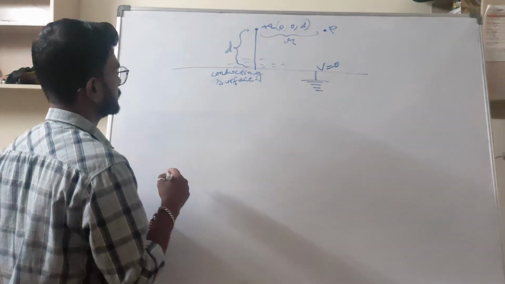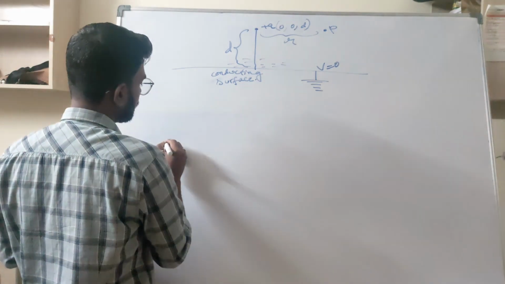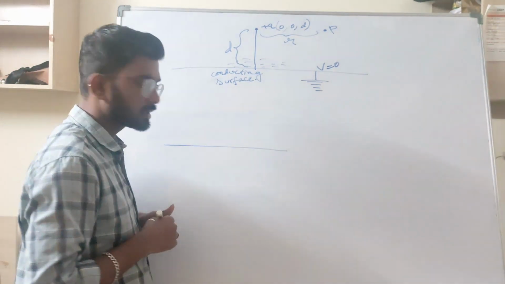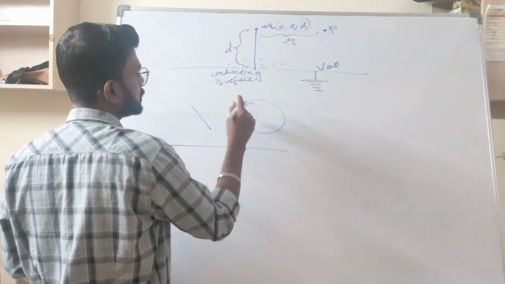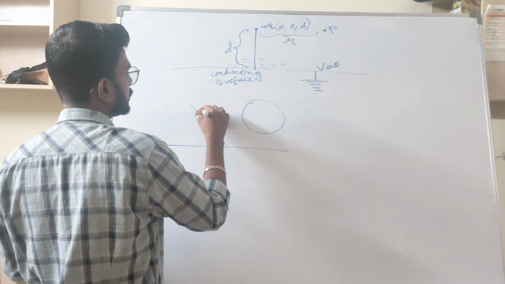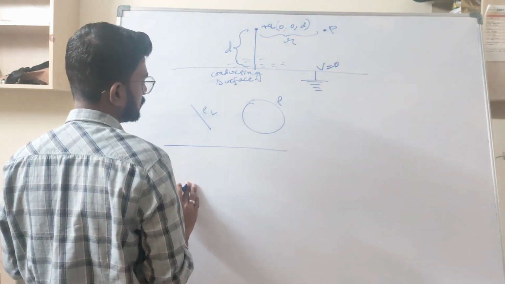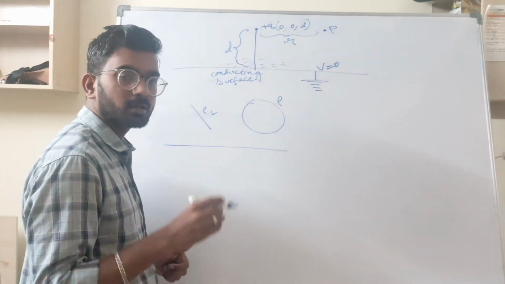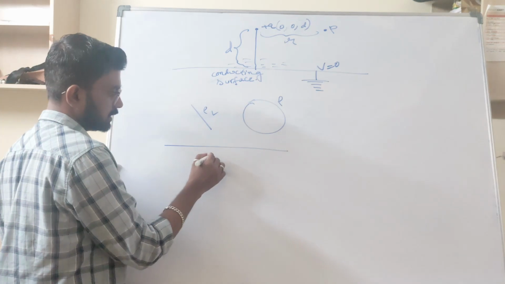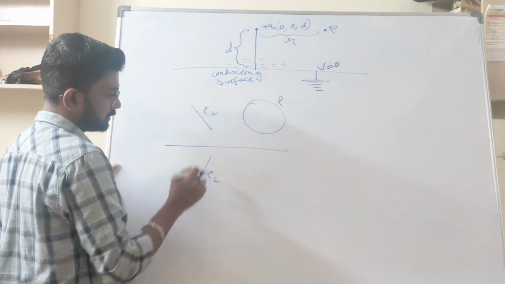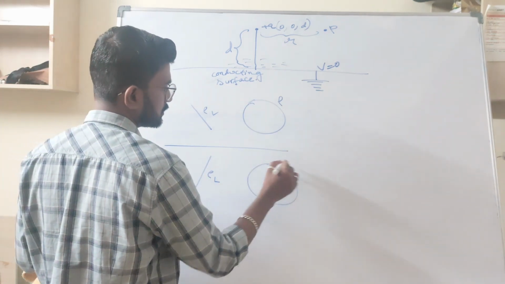Or for example, see, this is a conducting surface. This is a sphere, this is a plane, rho L, rho, for example. So how can you draw the image for this? This is the given plane, so you can draw here like this. It is the image for this and it is the image for this rho.